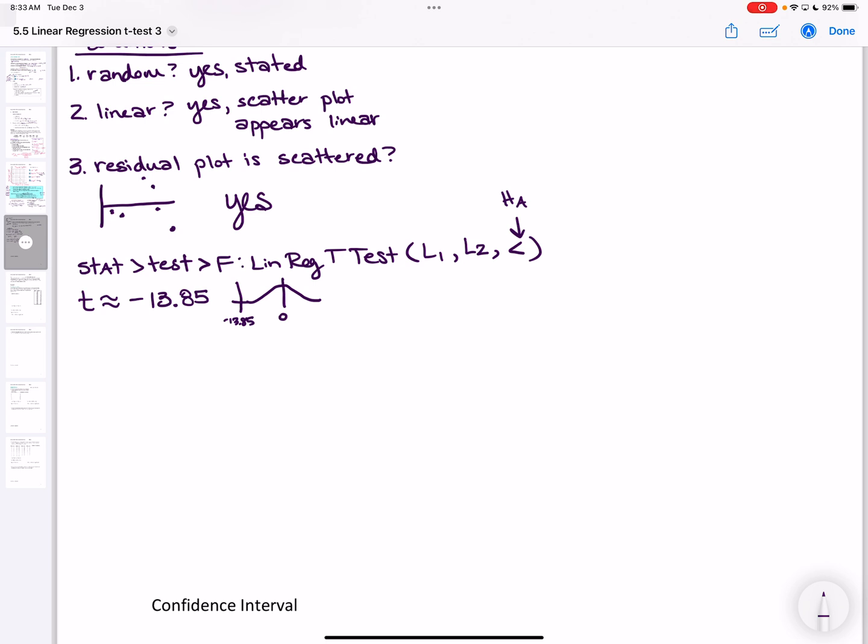So the absolute value of negative 13.85 equals 13.85, which is large and far from 0.